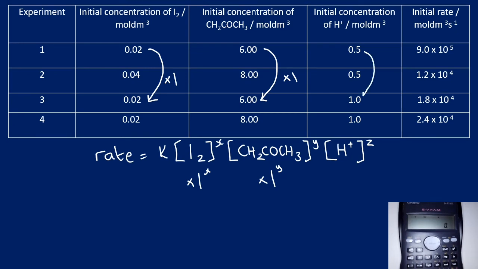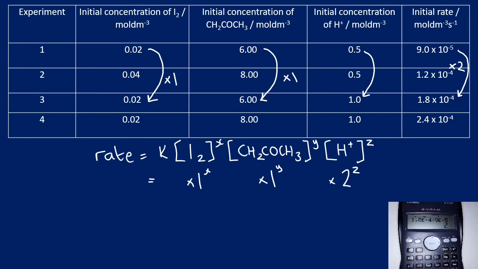Concentration of H+ is doubling, that's 2 to the z, and what's happening to the rate? It's going from 9 times 10 to the minus 5 to 1.8 times 10 to the minus 4. Be careful with your standard form. So that's doubling.